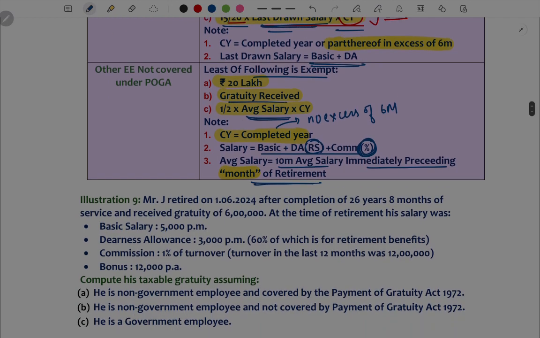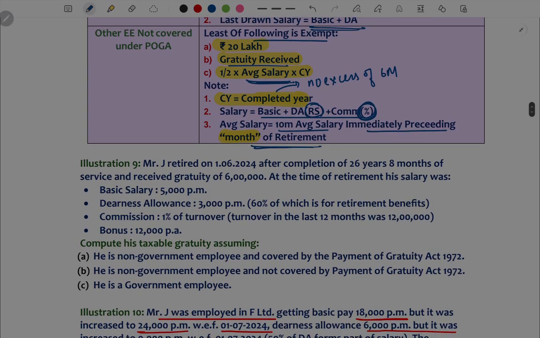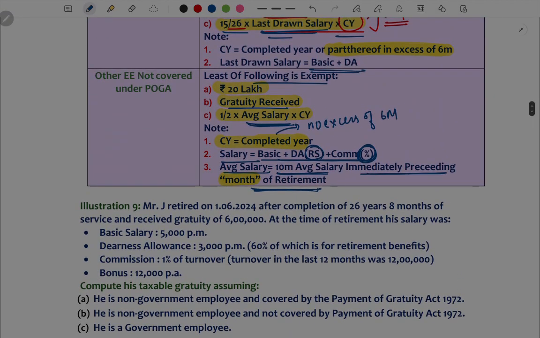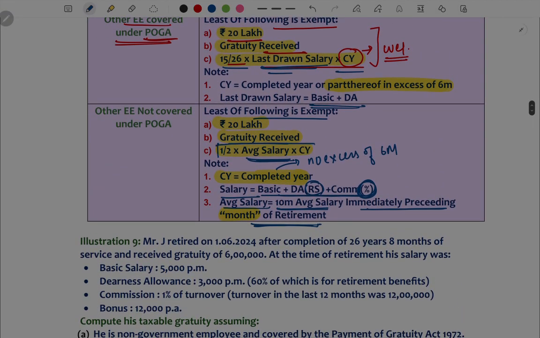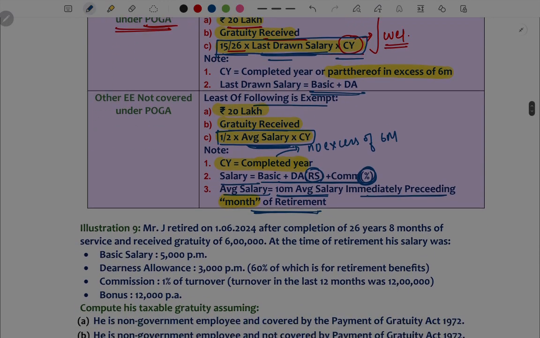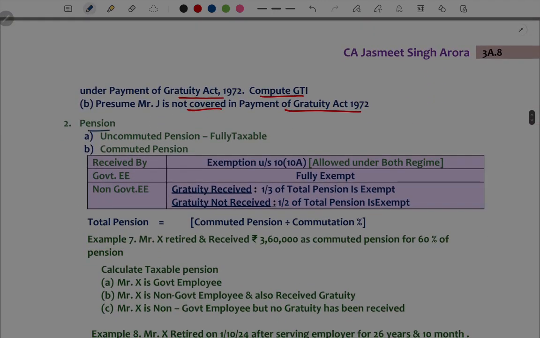But for the half of average salary option, average salary means the 10-month average salary immediately preceding the month of retirement, and salary means basic, DA and commission as a percentage of turnover. The main ones are average salary into completed years, and 15 by 26 into last drawn salary into completed years. Right.